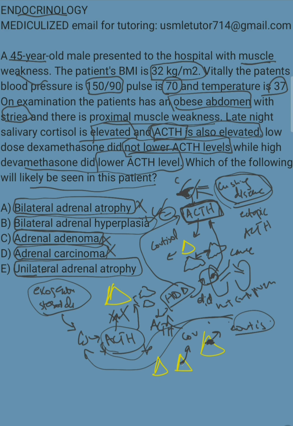There is no ACTH, so it will not act on this other adrenal, and the unaffected one is going to undergo atrophy. The one with the adrenal adenoma is going to continue secreting cortisol, which suppresses ACTH. There is low ACTH, so the other adrenal, without the adenoma, will undergo atrophy.